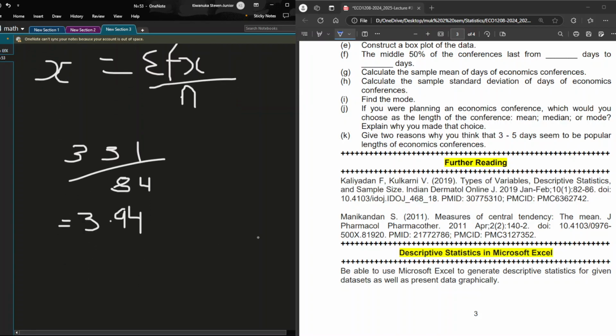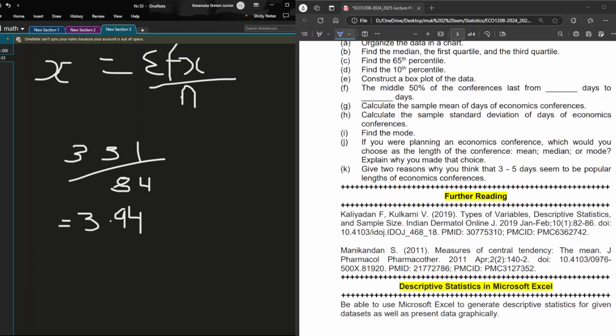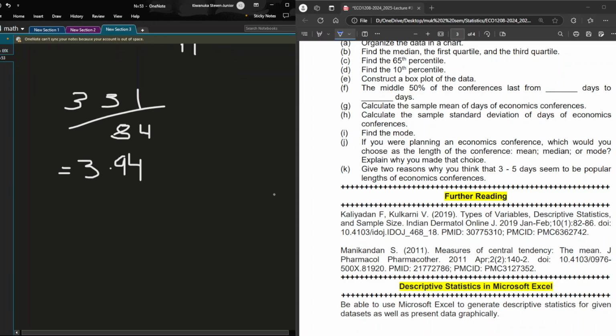Then we are instructed to find the standard deviation of the days of economic conferences, then the mode. The standard deviation you can calculate from our formula. Here, when you hear pages turning, that means I've also first tried out this stuff.